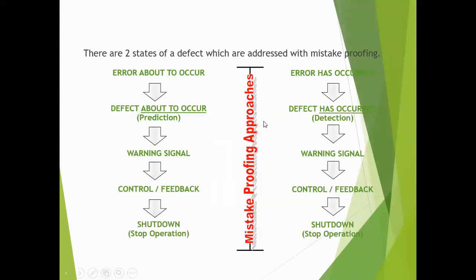Yeah, so there are two states of a defect which is addressed by mistake proofing. So you will just quickly see it. Error about to occur, defect about to occur, that's called prediction. Then you have something called a warning signal. Right? In some of the manufacturing floor, you might have different warning lights. You'll have yellow, green, and red, right? The red light comes up when a particular assembly has stopped, right? Something has gone wrong. But there will be a yellow light which will show you that something is going to be wrong because there's a pressure change or anything, for example, right?